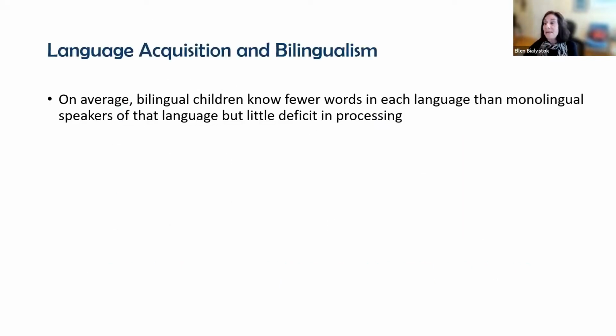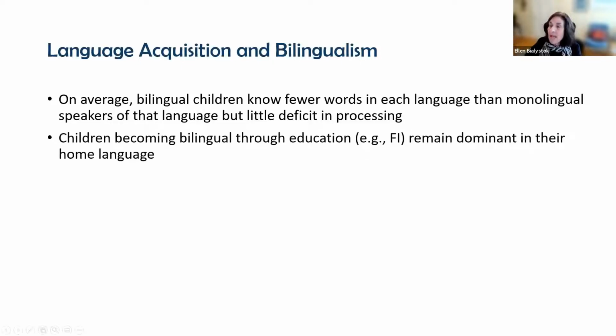All right, what can we say about language acquisition and bilingualism? Well, I've shown you several times that on average, bilingual children know fewer words in each language, but there's very little evidence that this leads to a deficit in processing. Children who are becoming bilingual through education, for example, in French immersion, remain dominant in their home language.